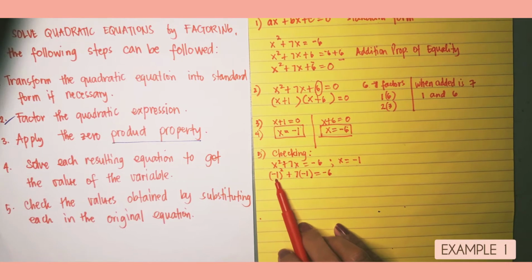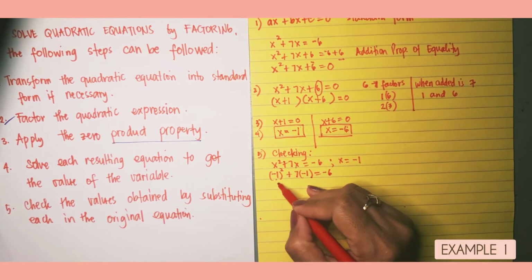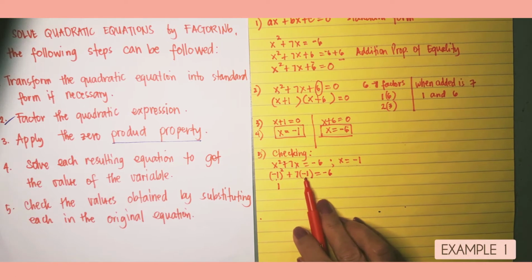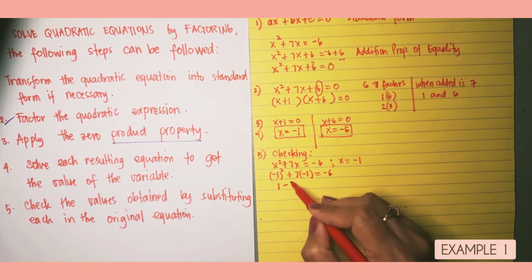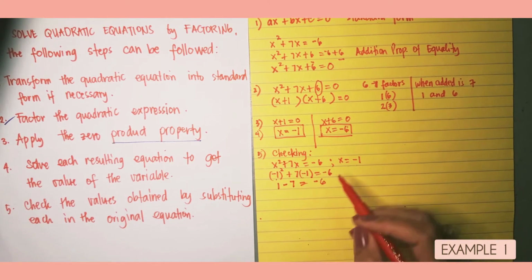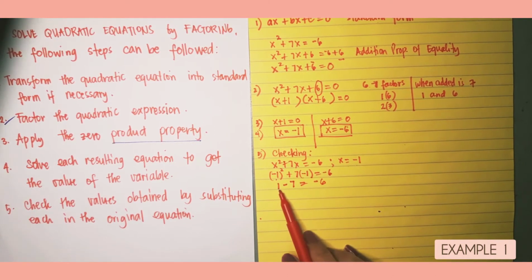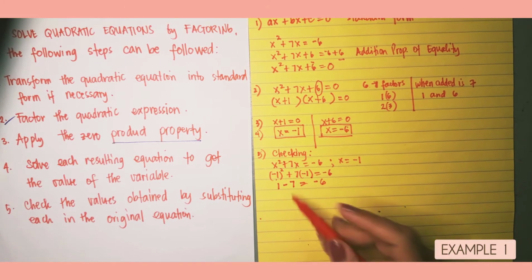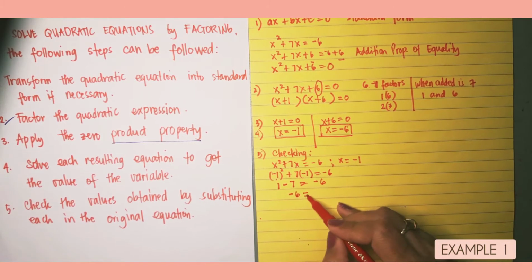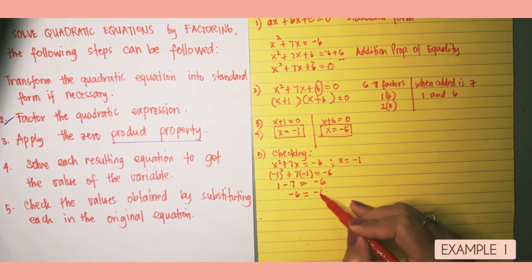So negative 1 squared is equal to positive 1. Positive 7 times negative 1 is negative 7. 1 minus 7 is equal to negative 6, and it is also equal to negative 6.